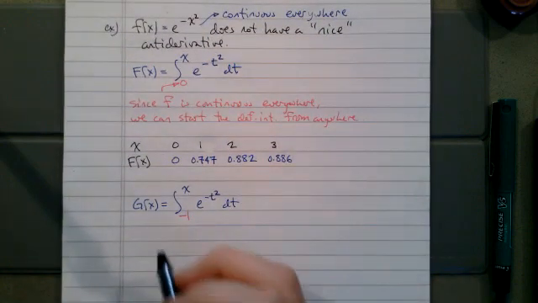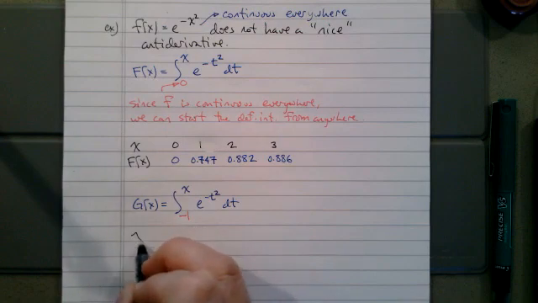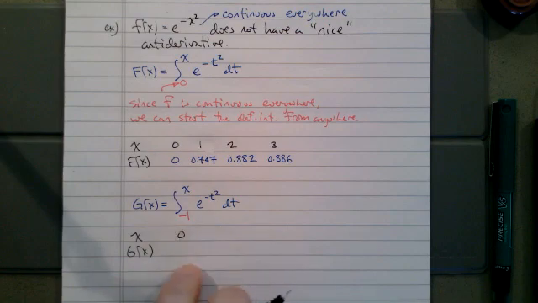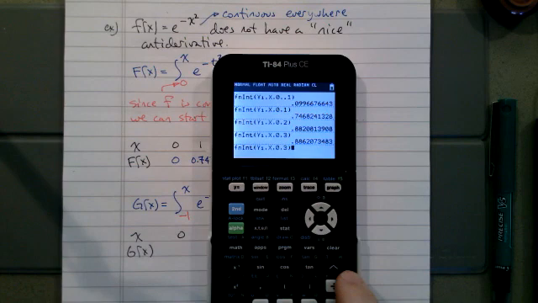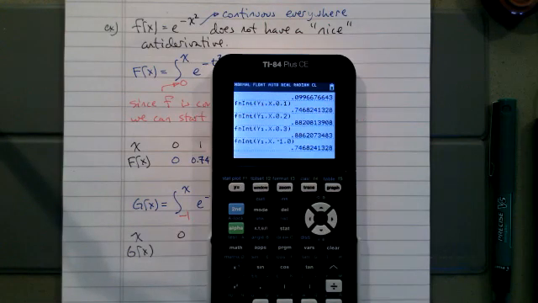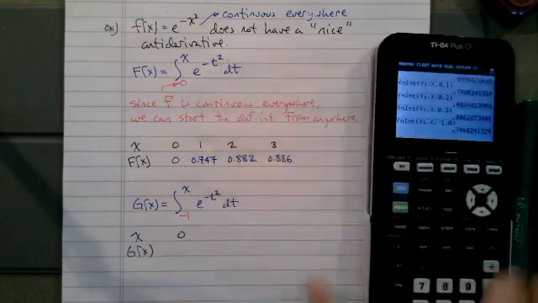And we just set up a different table, so x and g of x. When x is 0, we'll get a different value because we're going to want to integrate the function, let's say, from -1 to 0. And now we get 0.747, like we did before.